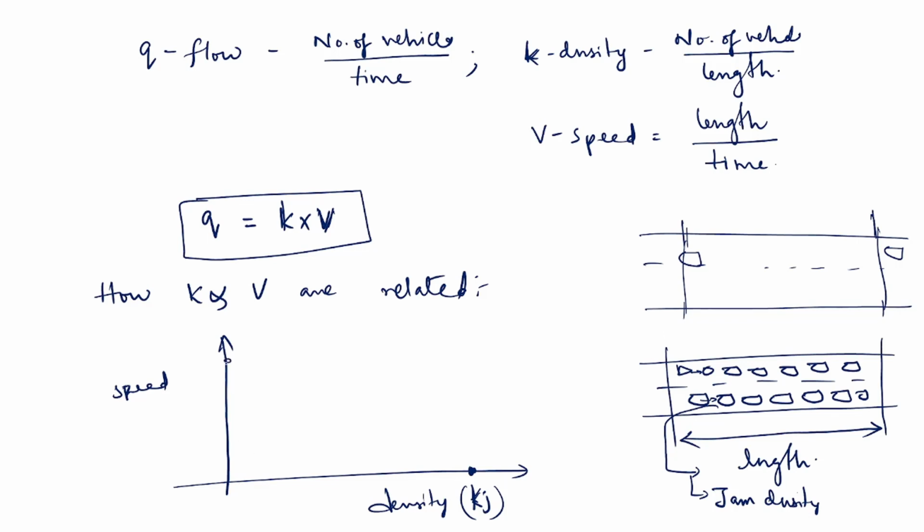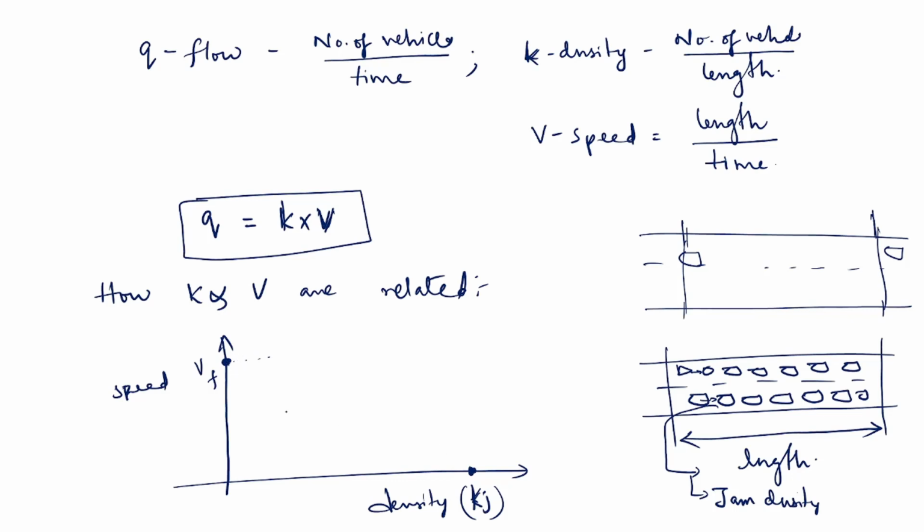The speed with which you can go is free flow. When there is free flow, speed is very high. The speed at which the density is very less is called free flow speed.